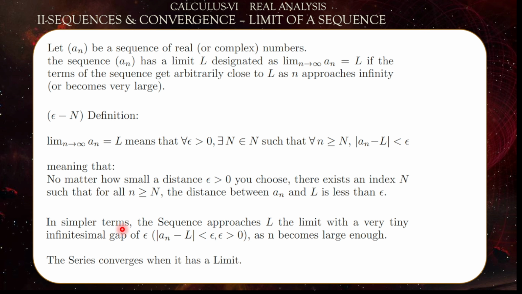In simpler terms, the sequence approaches L, the limit, with a very tiny infinitesimal gap of epsilon, such that an minus L in absolute value is less than epsilon for epsilon greater than 0, as n becomes very large, of course. Now, the series converges when it has a limit, so they go hand in hand together.